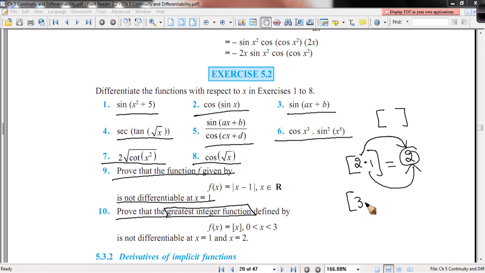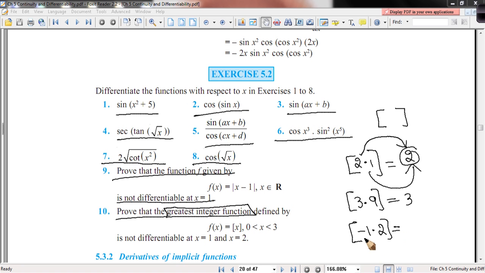Similarly, if I take 3.9, what would be the greatest integer function of 3.9? It would be 3. If we take minus 1.2, what should be the greatest integer function of minus 1.2?